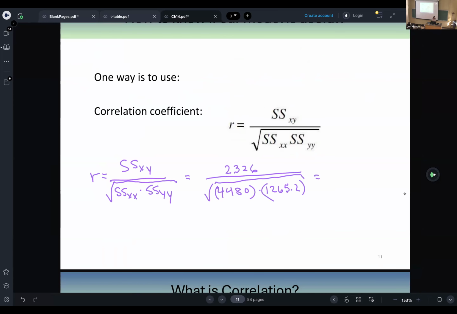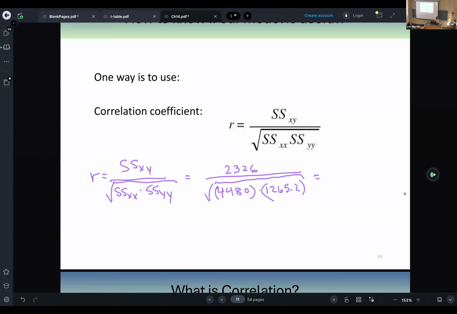And we should get a number close to 1, we said, right? Will this all boil down to a number close to 1? Let's see. It looks like it's hard to believe it will, but let's see. 2326. Did anything go in here incorrectly? It looks okay to me. 4480. Wow.